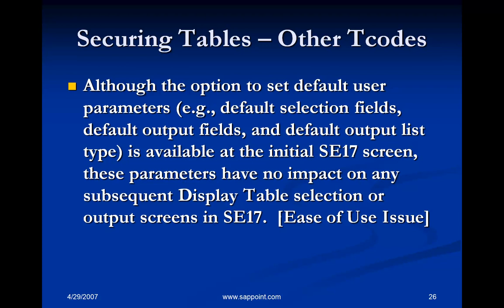So once you get the output, you cannot change the layout of the screen, and you cannot filter out the fields that you want to view in the output. SE17 does not give you that feature. So this again becomes an ease of use issue.